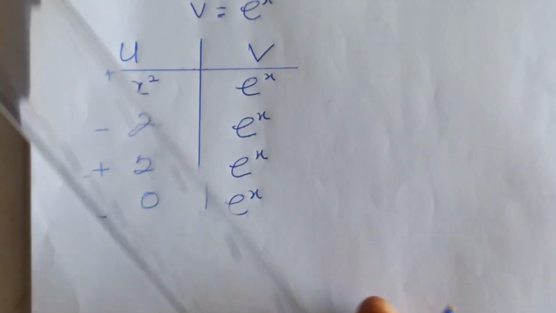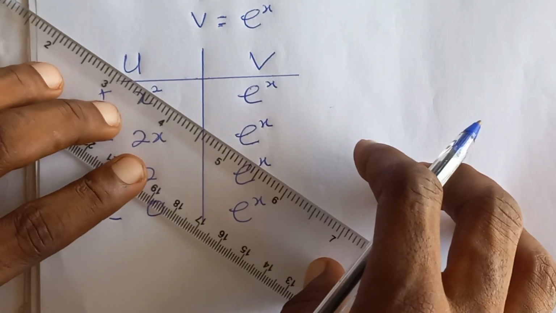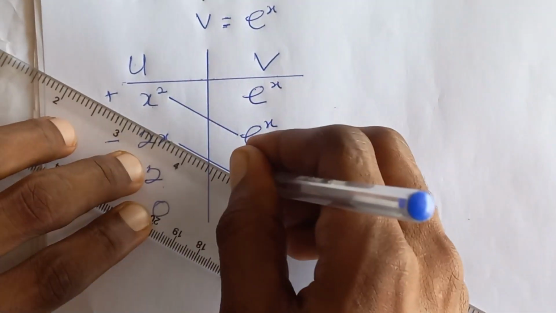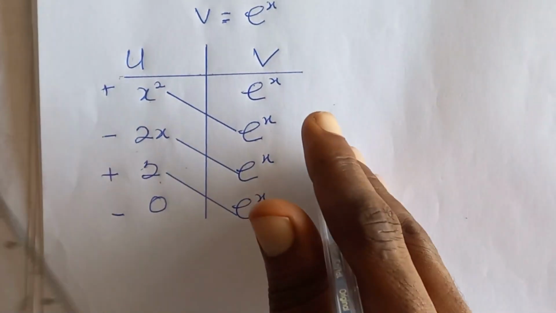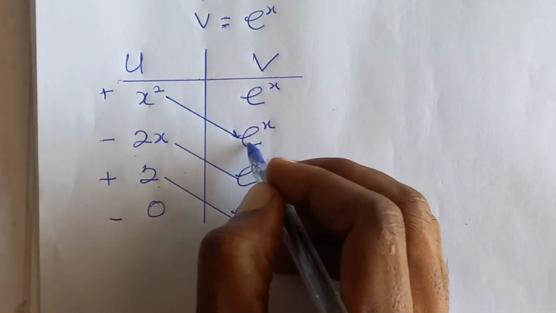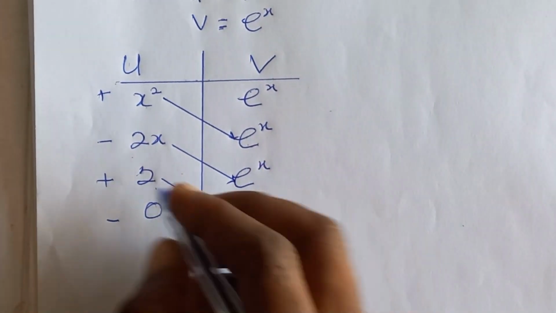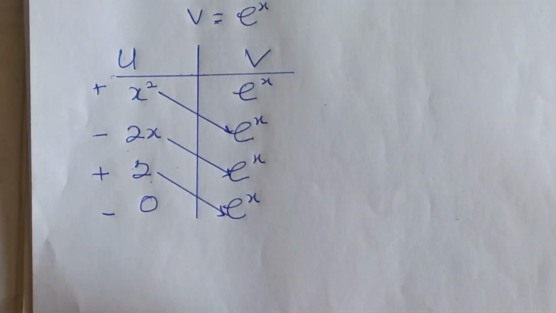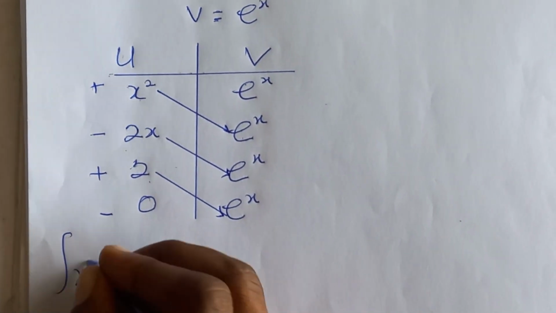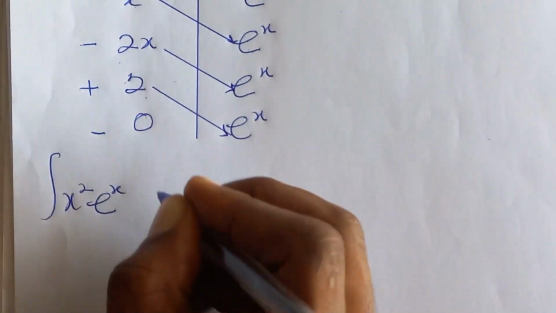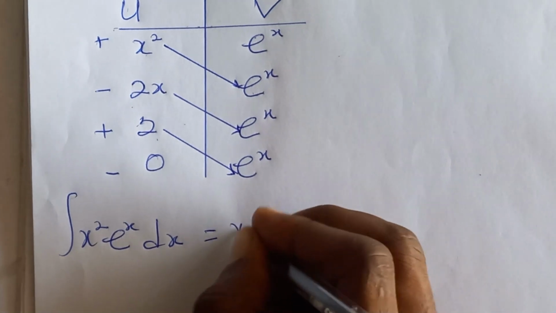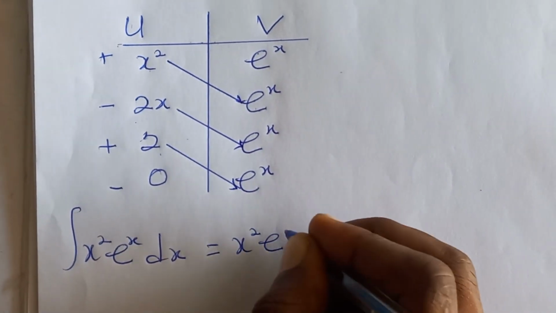Then you take your rule. The first one is going to be like this, this, and this. So it means x squared will take this, 2x is going to take this, then 2 will take this. So the integral of x squared e to the power x dx is going to be x squared e to the power x.